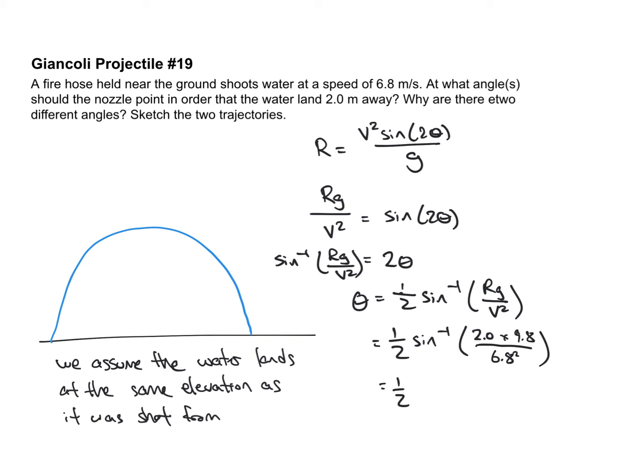So you have to remember your trigonometry here. I'm first going to type the inverse sine in my calculator of 2 times 9.8 over 6.8 squared, resulting in 25 degrees.